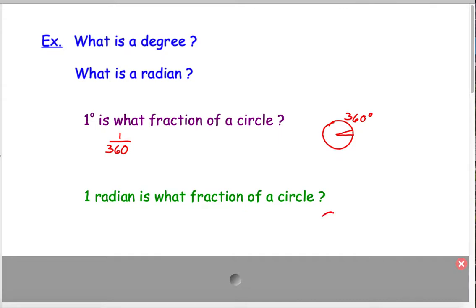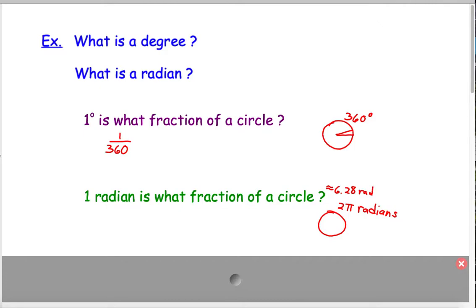Well, if we're dealing in radians, you probably already have learned that there's 2 times pi radians in 1 complete circle. And pi being about 3.14, that's about 6.28 radians that make up a circle.